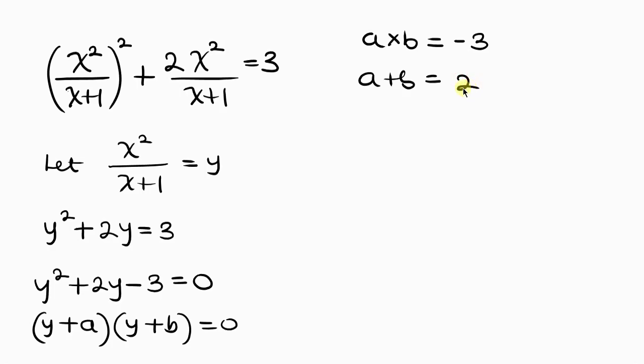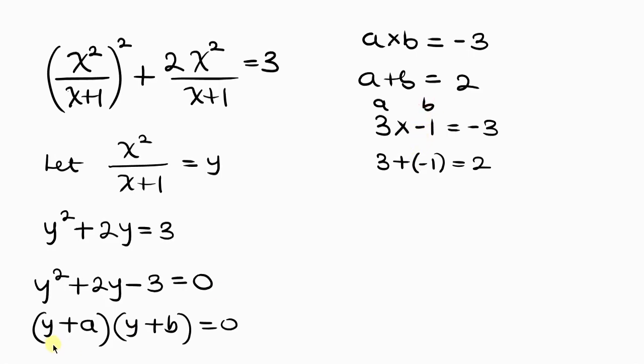So what comes to my mind is 3 times -1. 3 times -1 gives -3, and 3 plus -1 gives 2. Very good. So we can just say let a be 3 and b be -1.